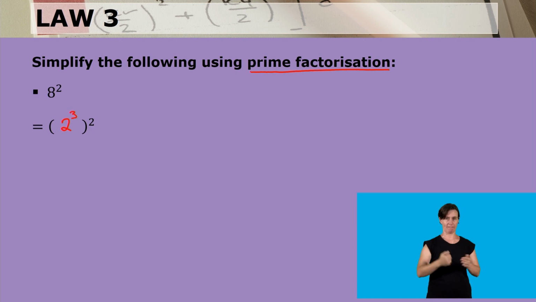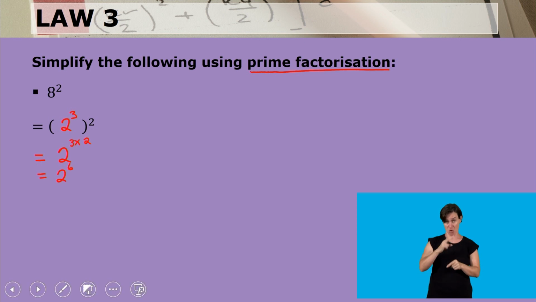Now we have a power, and that power is raised to an exponent of 2. So according to what we've just learned in that law, what is our answer going to be? Yes, it's going to be 2 exponent 3 times 2, and that is going to give us 2 exponent 6. Did you get the same answer?